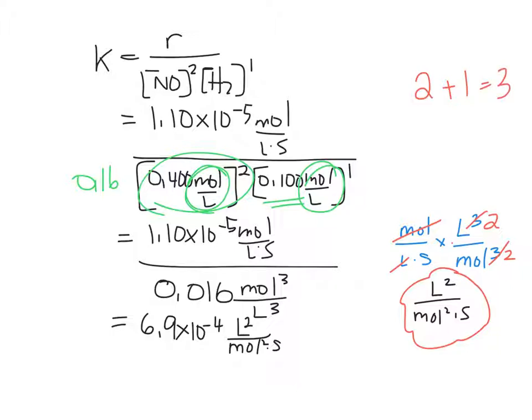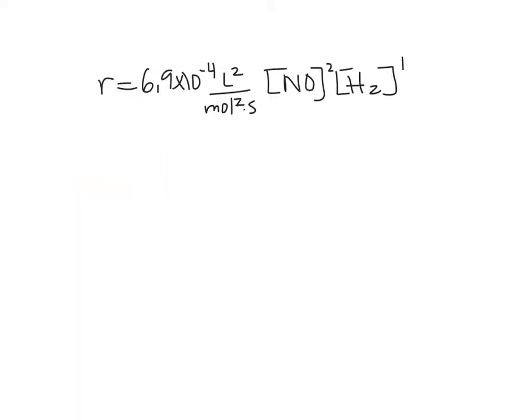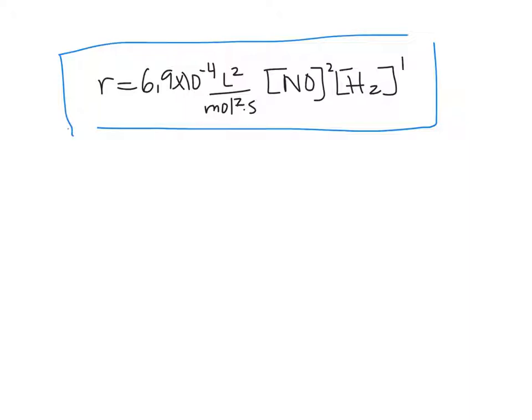So the overall order for this reaction is 3, so that will be our units for any third order reaction. So there's your overall rate law expression for this reaction. You can determine now the rate of reaction given any value for reactant concentration.